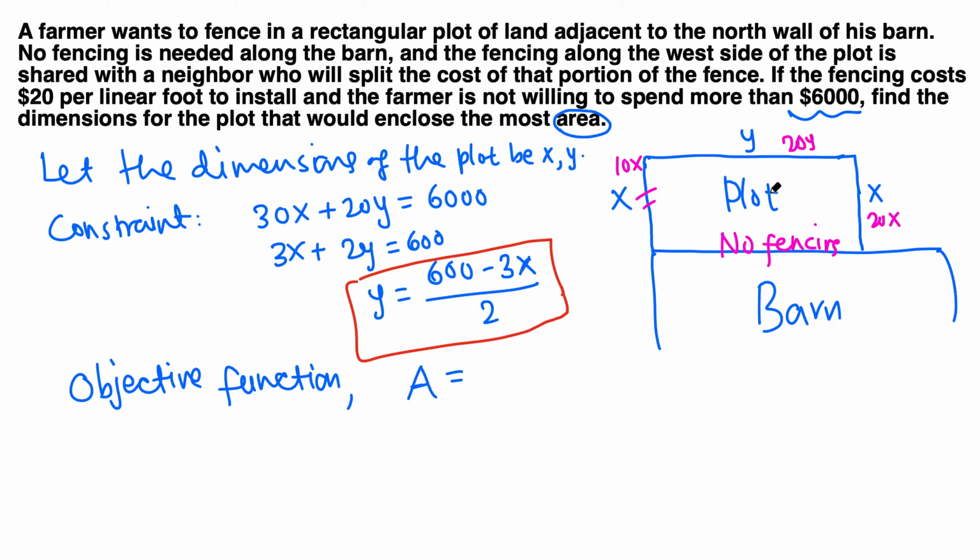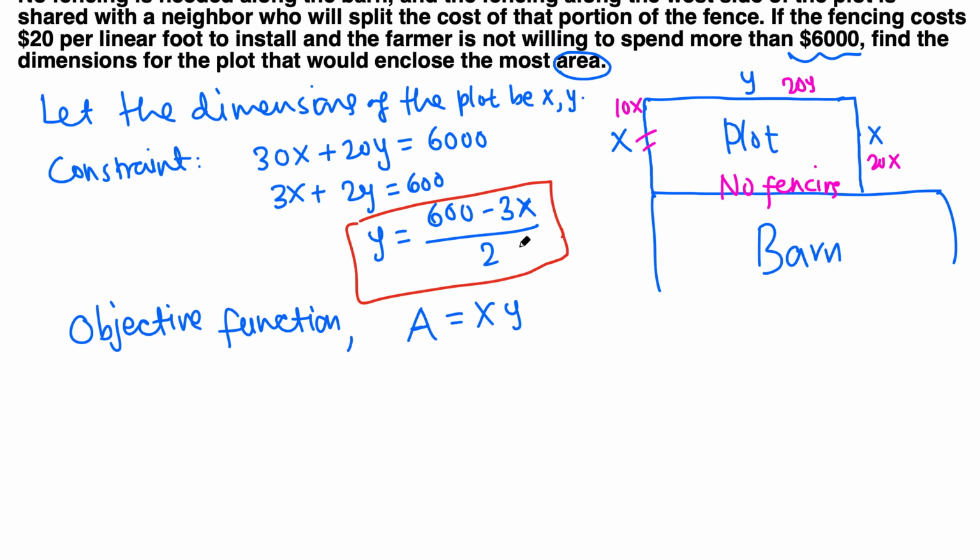A equals, so how do we find the area of this rectangular plot? Just length times width, x times y. Now y can be replaced from this constraint, which is x times 600 minus 3x all over 2.